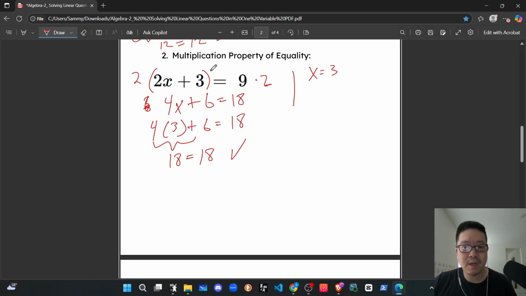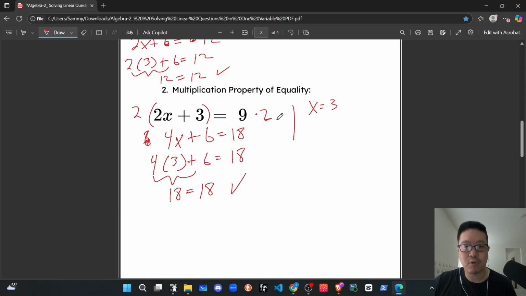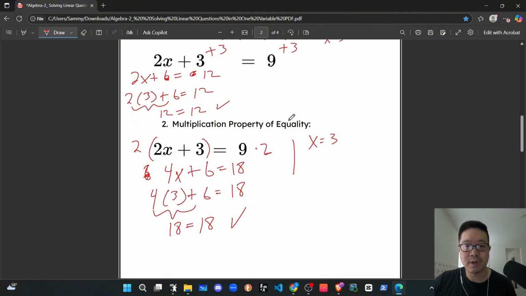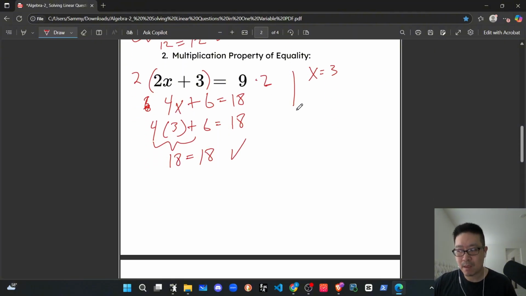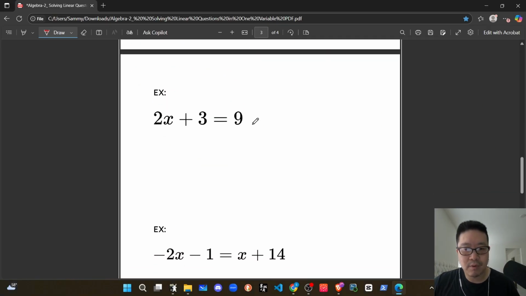So these would be the two properties that you would need to know to help you solve for the unknown in linear equations. So let's go back to our previous problem, which again is 2x plus 3 equals 9, and we are asked to solve for x.